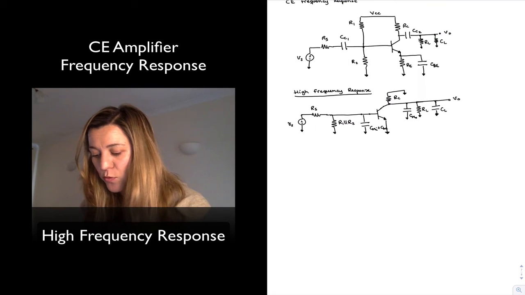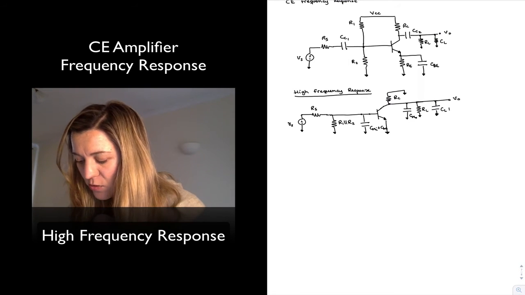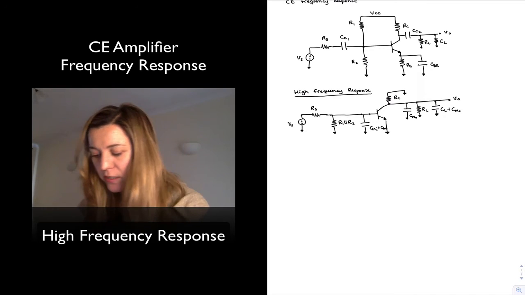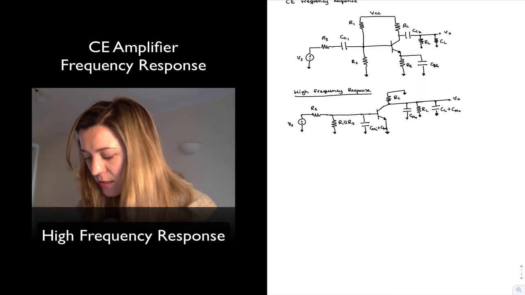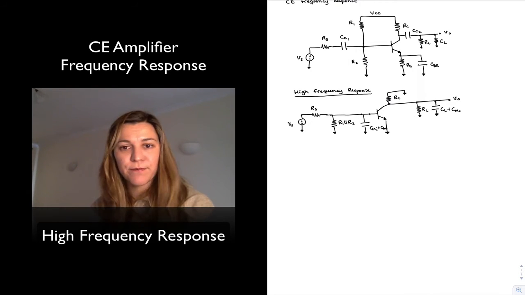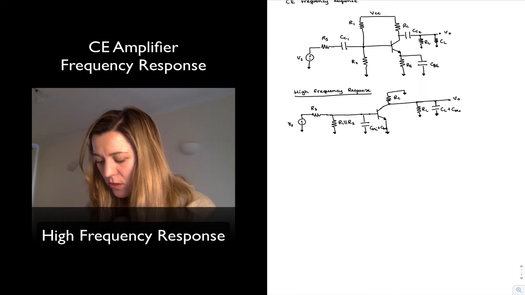And the same happens with CMO and CL. I can just combine them, and the parallel combination of two capacitors, the equivalent capacitance is equal to the sum of those capacitances. So in all reality, you can see I have just two capacitors.